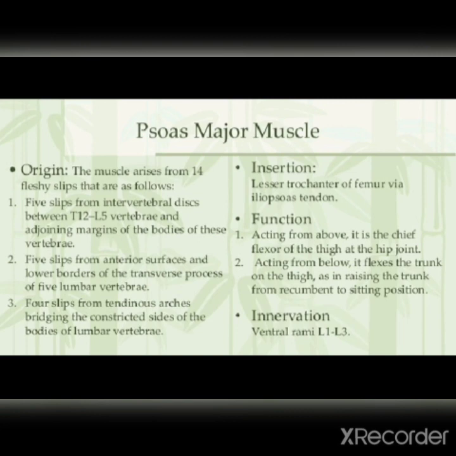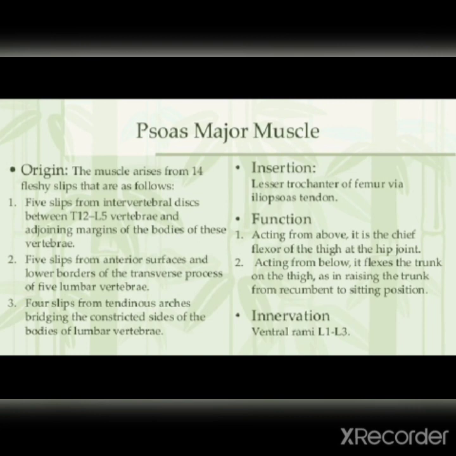First, 5 slips from the intervertebral discs between the T12 to L5 vertebrae, and adjoining margins of the bodies of these vertebrae.